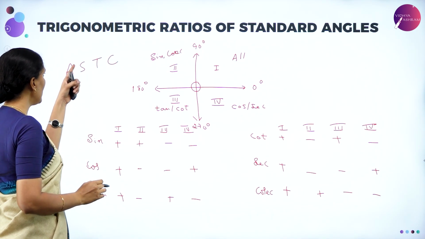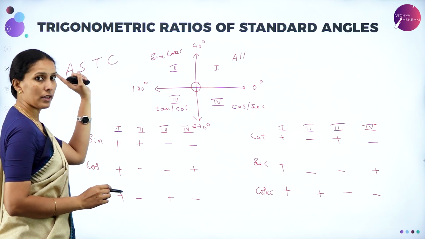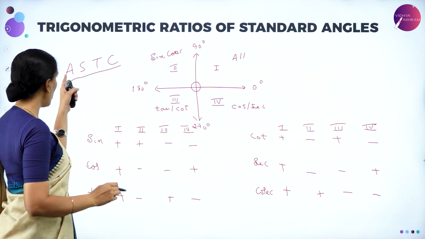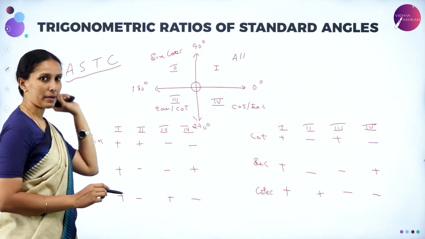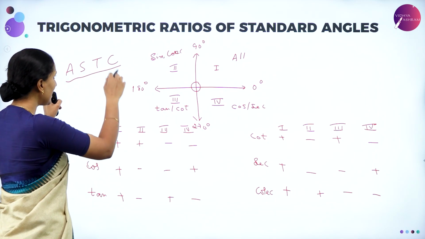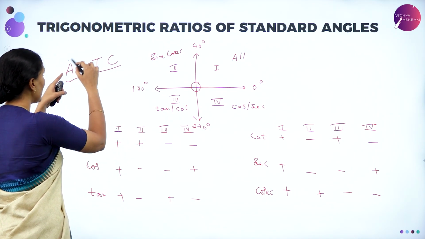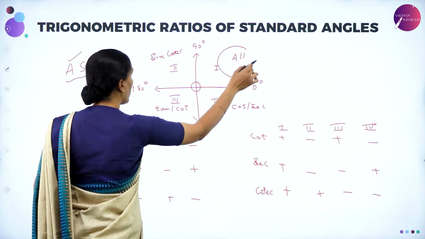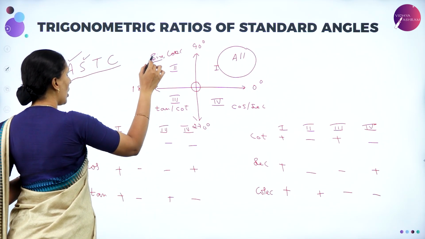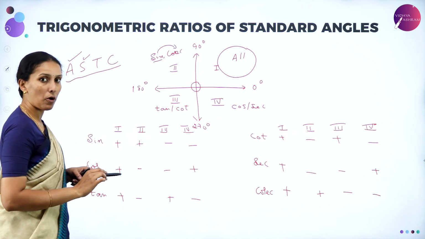A represents all, S sine, T tan, and C cos. We remember a shortcut: All Students Take Coffee. It's a rule, but it is easy to remember. So you can clearly say A represents all are positive in the first quadrant. Here S represents sine, and along with sine, cosecant is positive.